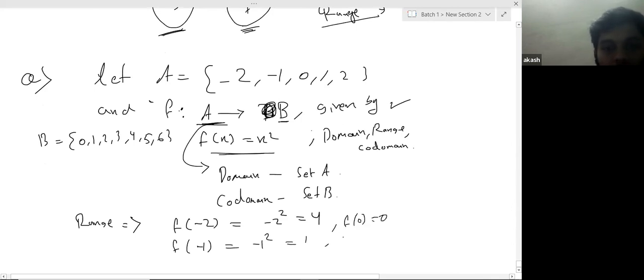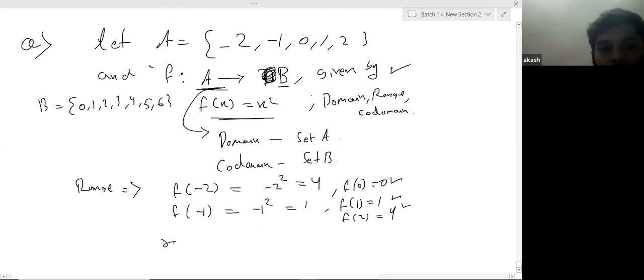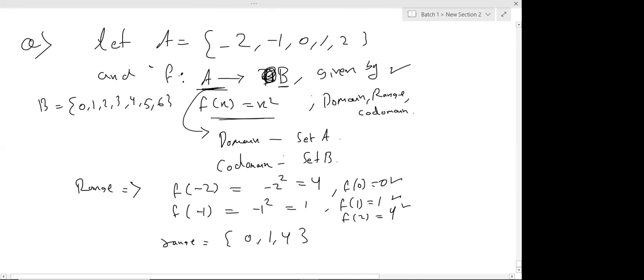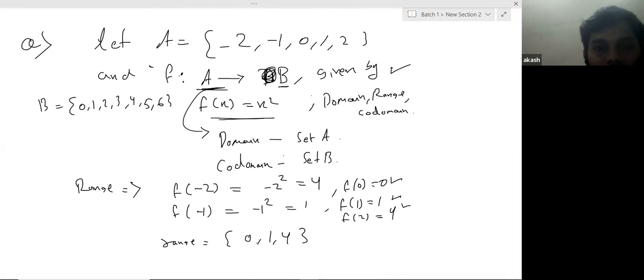F of 0 is 0. F of 1 is 1. F of 2 is 4. So we are getting only 0, 1 and 4, so the range is 0, 1 and 4. The first set is domain, the second set is codomain, and the values we get are the range. Clear, Gautam, Abdul Arsalan?